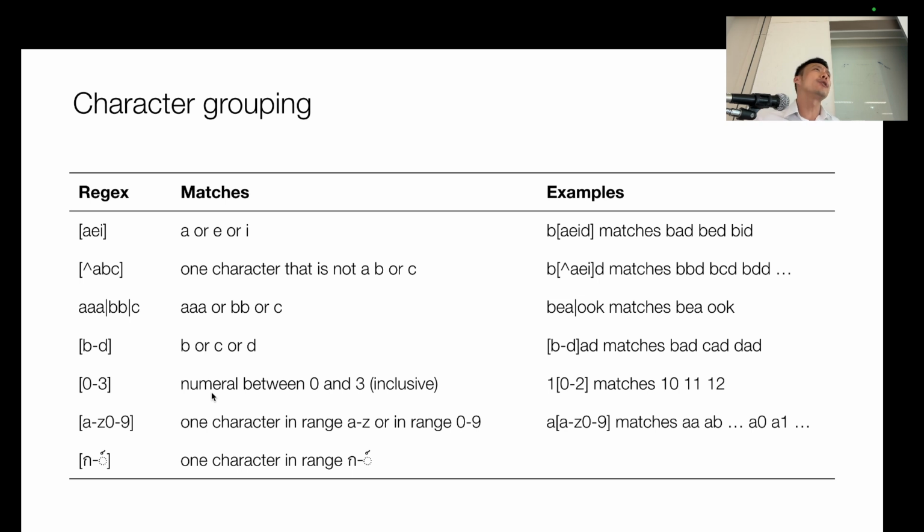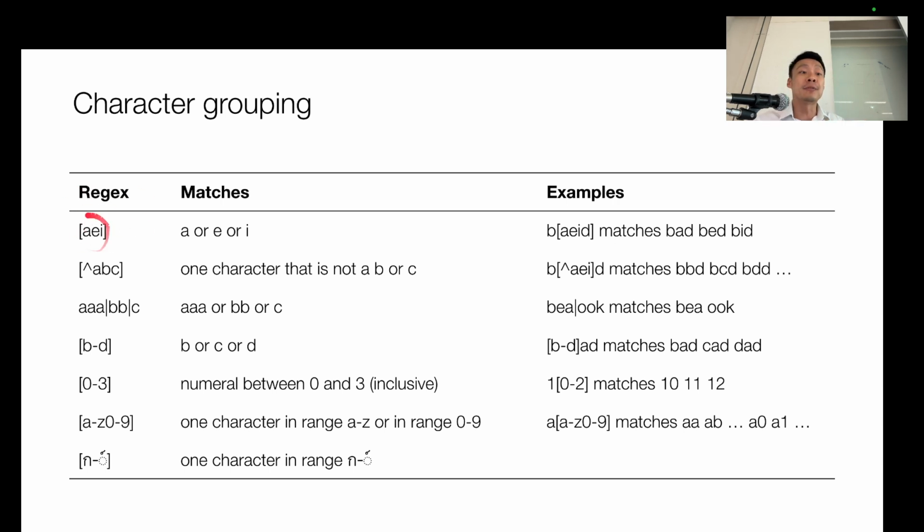Character grouping. The backslash W, backslash D are already groupings, but sometimes you want your own customized group. So for example, you might want just A, E, and I. You could use the square brackets to specify the set for a single character, only one character, all right?